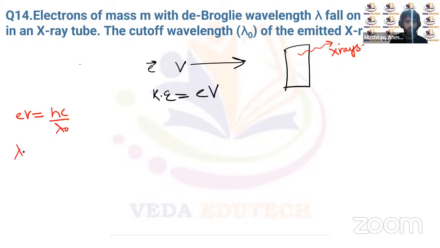So lambda naught will be hc upon eV. This is the minimum wavelength that we can have so that X-rays are produced. This is how X-ray production takes place, and how we can calculate the minimum wavelength for it.